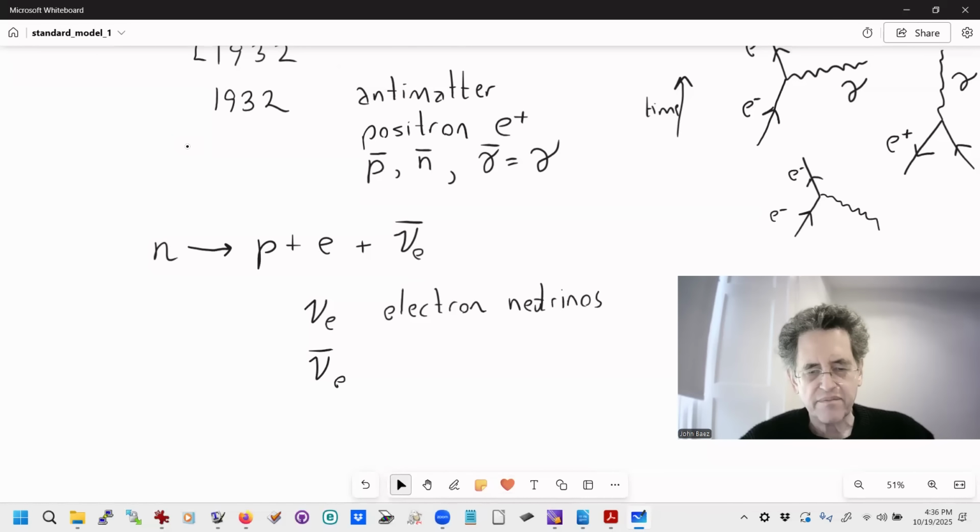This antineutrino, the electron antineutrino, has, you might call it, anti-electronness. What the hell do I mean by that?